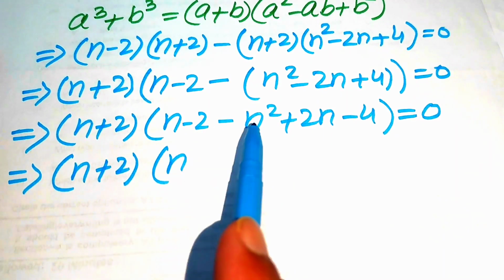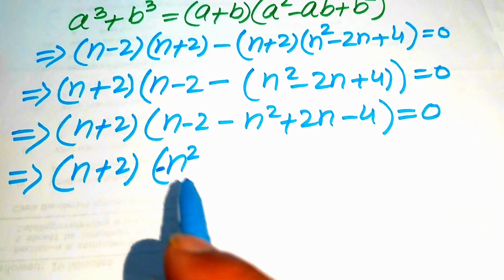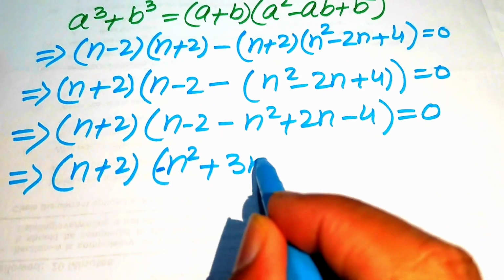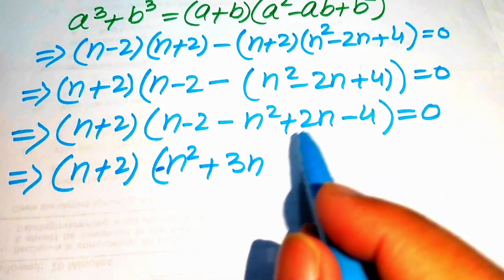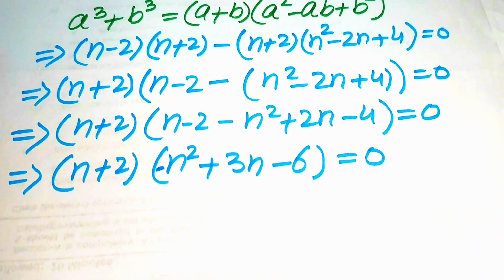First we have the n squared, which is a negative term, so we write minus n squared, and we add n and 2n to get 3n, and minus 2 and minus 4 gives minus 6, and this whole equation equals 0.